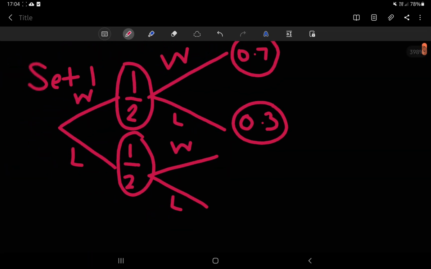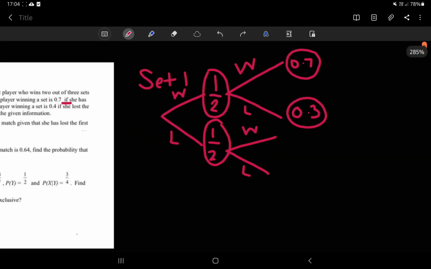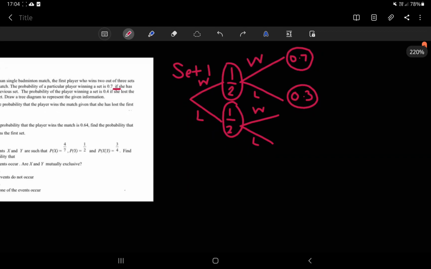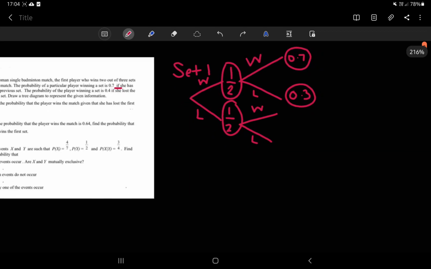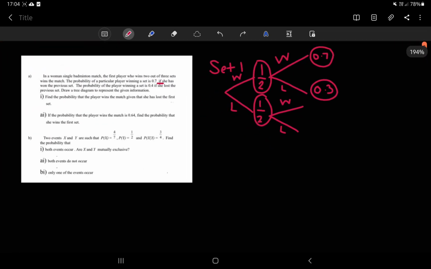Then for the second set, we need to fill the two empty blanks. Because she lost the first set, the probability of winning the second set will be 0.4, because the question said that the winning probability is 0.4 if she lost the previous set.